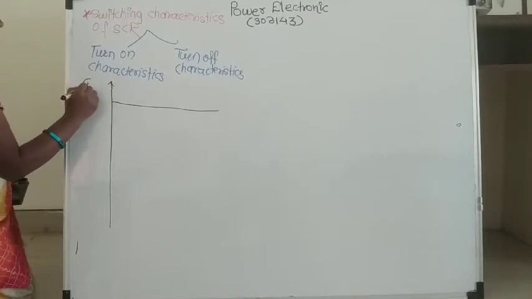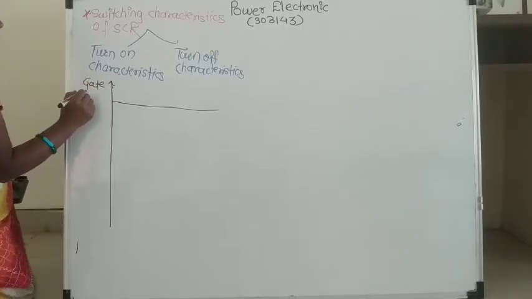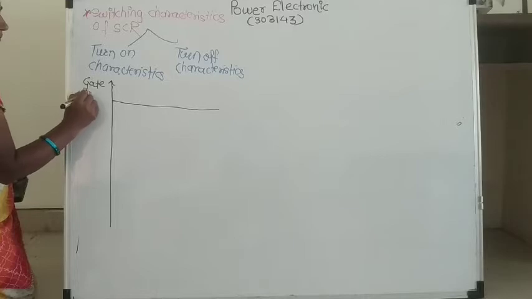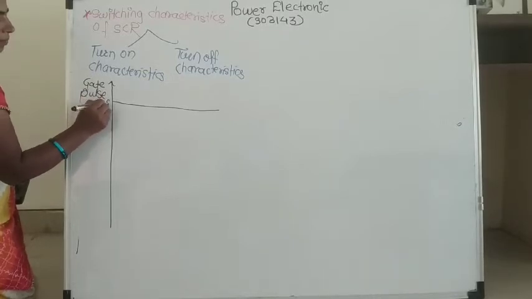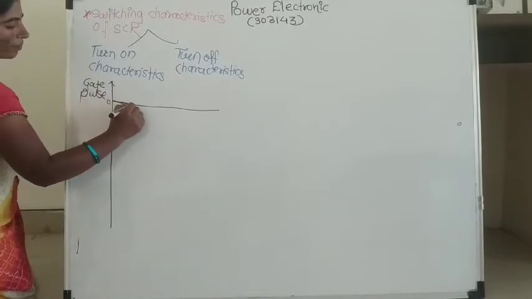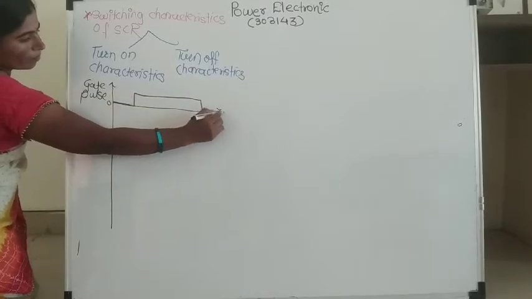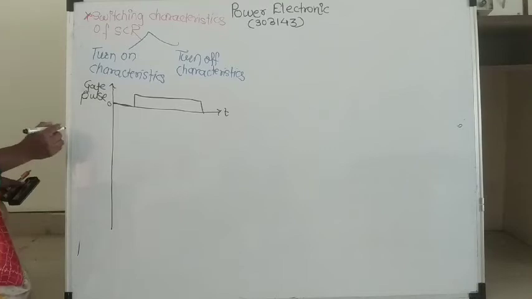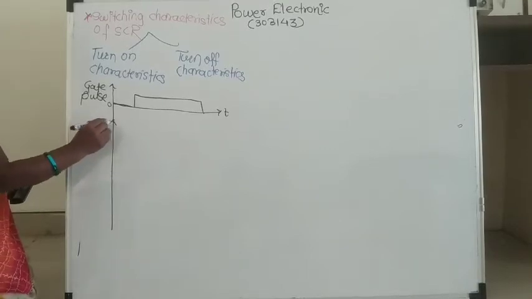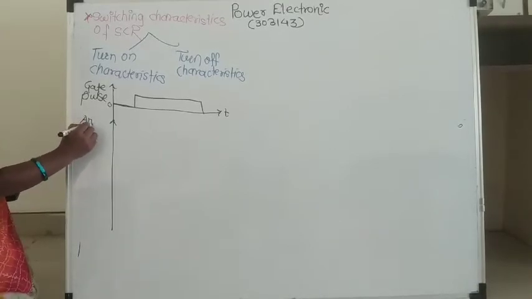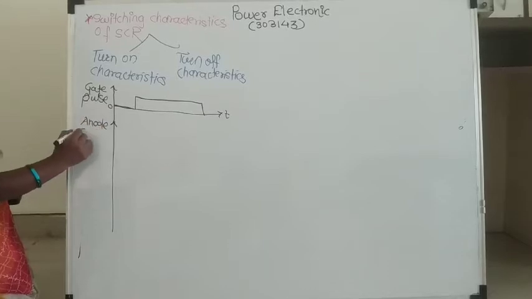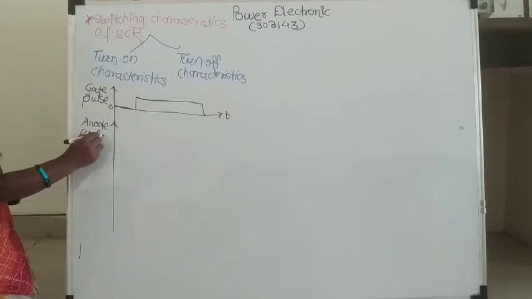Here, gate pulse is there. Then anode current.